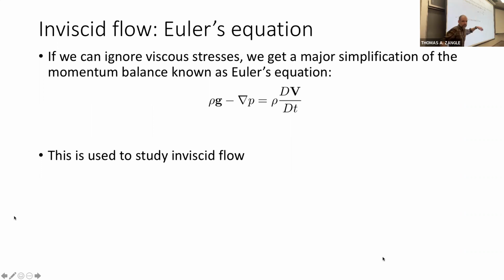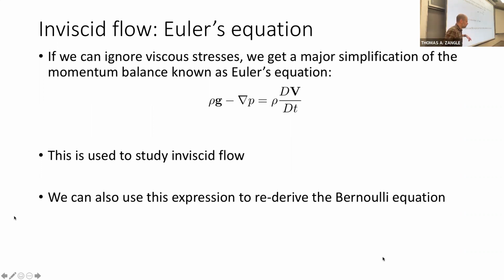So you can actually use this expression to rederive the Bernoulli equation. And it's actually a classic way that the Bernoulli equation was derived or developed. Yeah, so this is a major simplification. So if I ask you something about Euler's equation, this is what we're discussing. Okay.